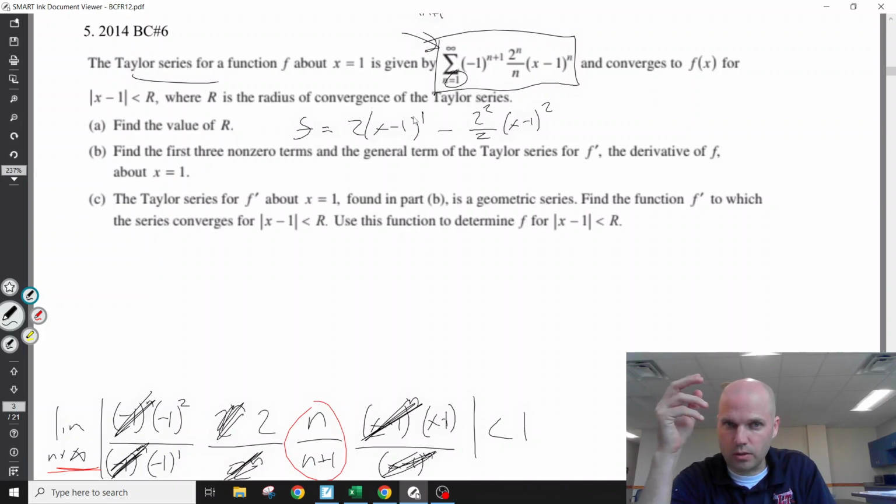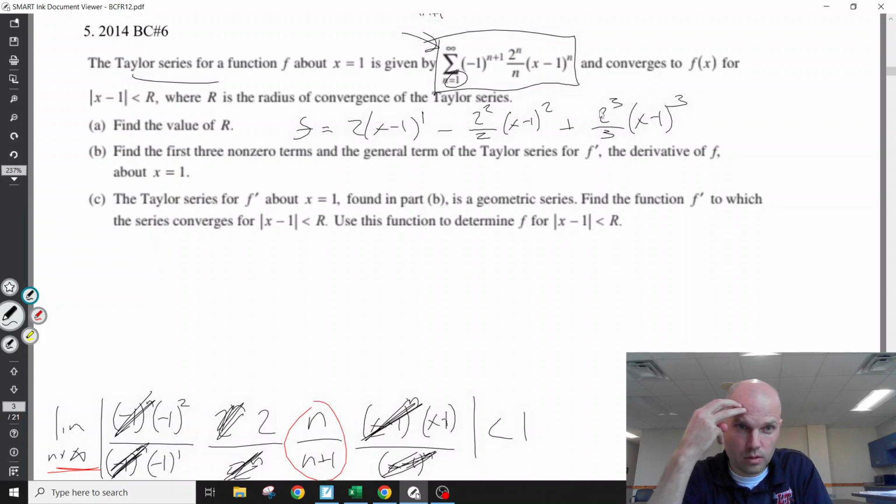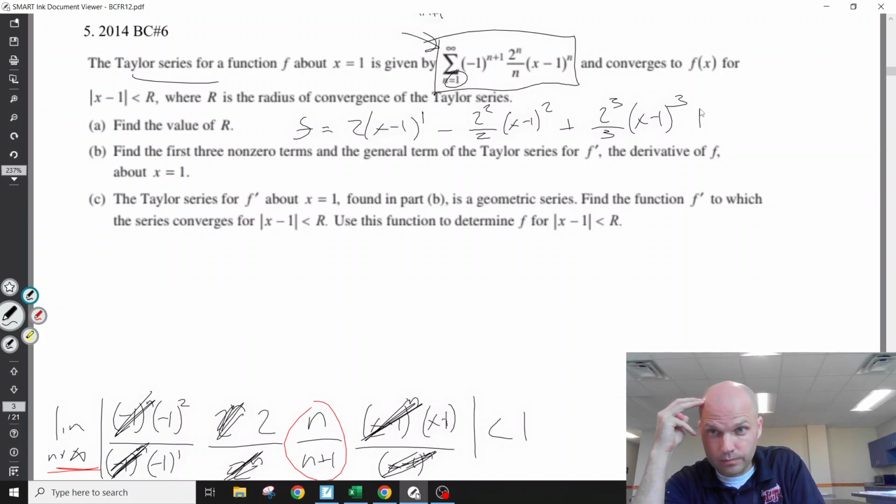Starting at 1, so there's no 0 term or function value, it must be 0. Alternate, plugging in 3, 2 cubed over 3, x minus 1 cubed. General term, negative 1 to the n plus 1, 2 to the n over n, x minus 1 to the nth.